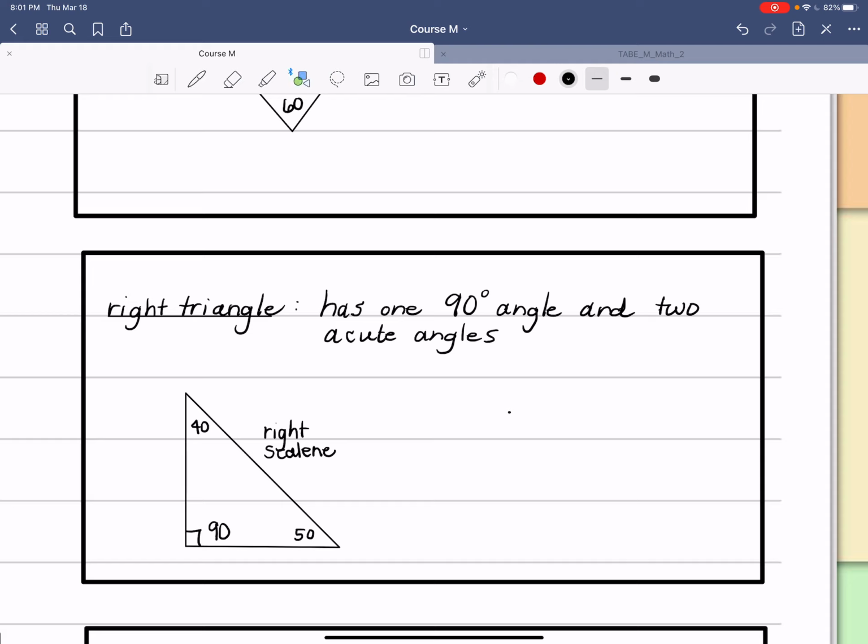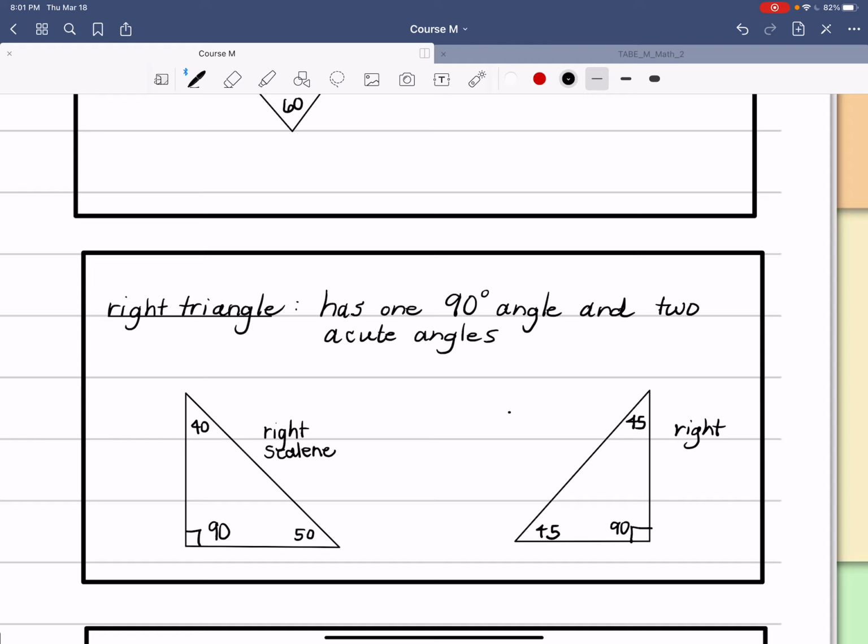Look at this one and see what you think. First of all, let's draw it this way because sometimes the triangle is facing this way. There's the 90 degree. That makes it right. What if this is 45 and this is 45?